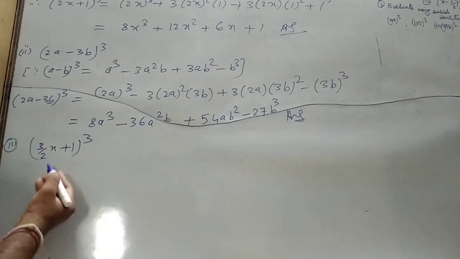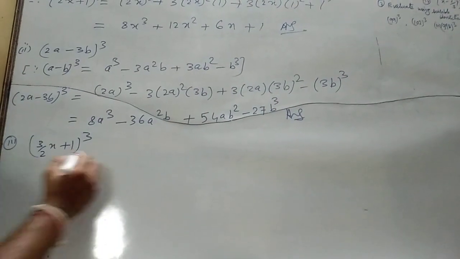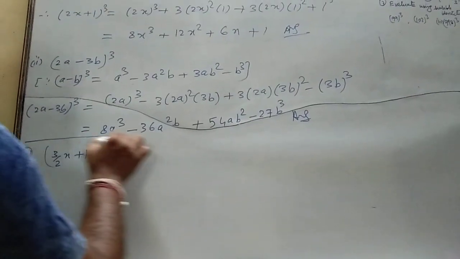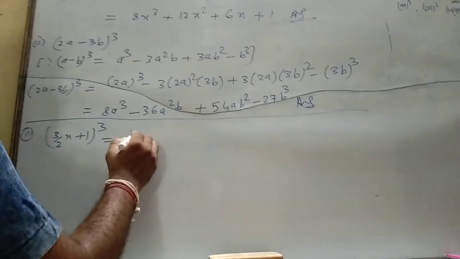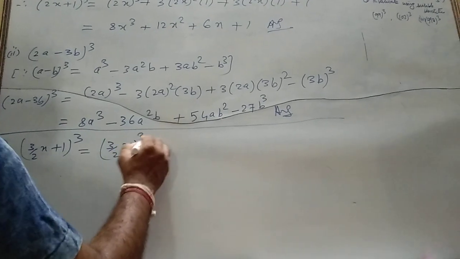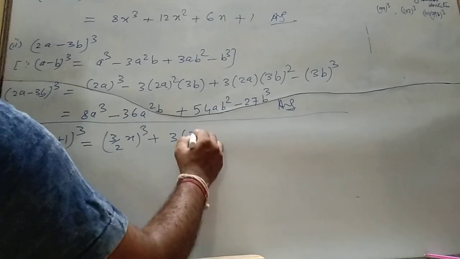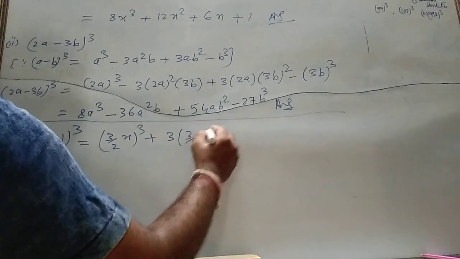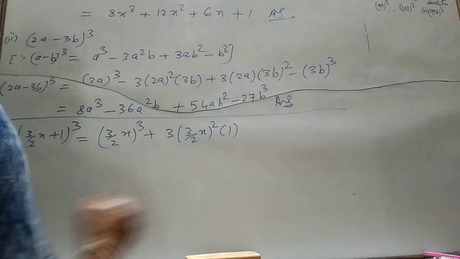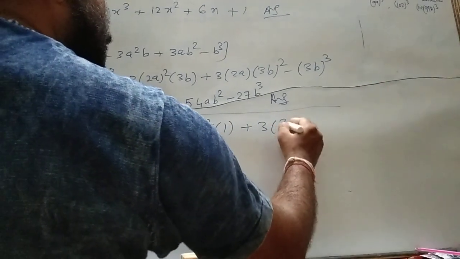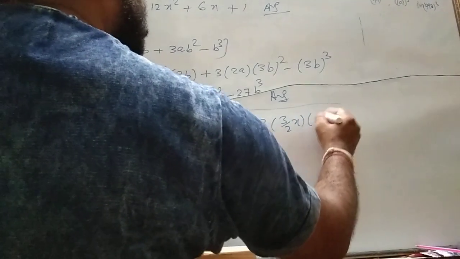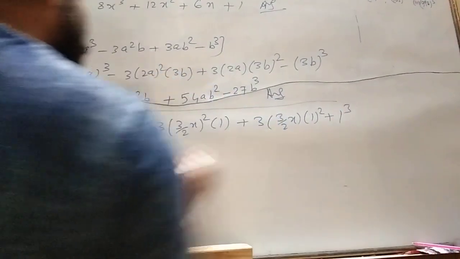Again here (a + b)³. Then this can be written as (3/2 x)³ + 3 times (3/2 x)² times 1 + 3 times (3/2 x) times 1² + 1³.